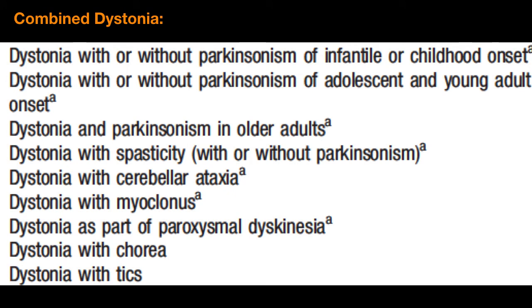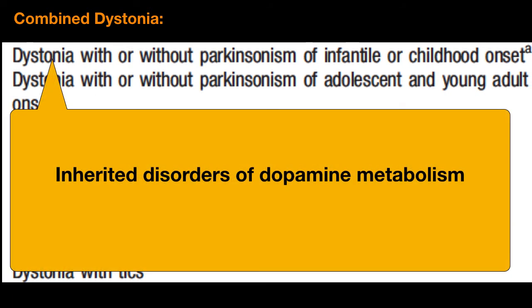Dystonia can combine with any other movement disorder or neurologic manifestation, such as Parkinsonism, spasticity, myoclonus, or cerebellar ataxia. In infantile or childhood onset dystonia with Parkinsonism, dopa-responsive dystonia is the primary diagnosis to rule out. It could be autosomal dominant due to GCH1 mutation or other recessive ones like TH mutation.